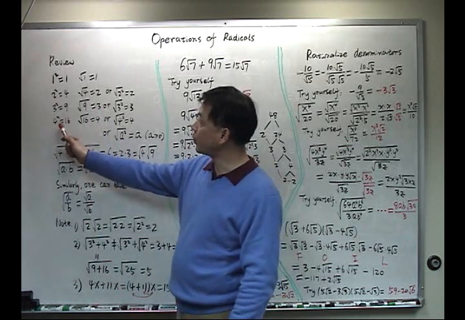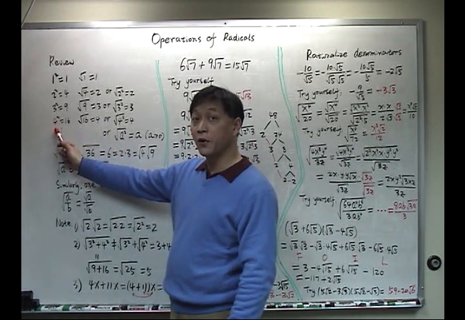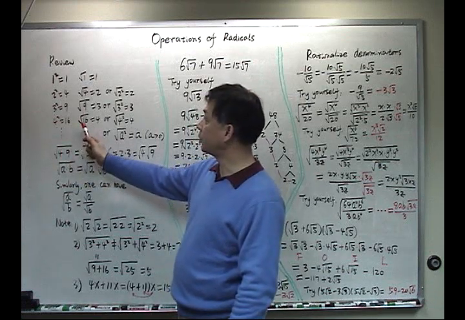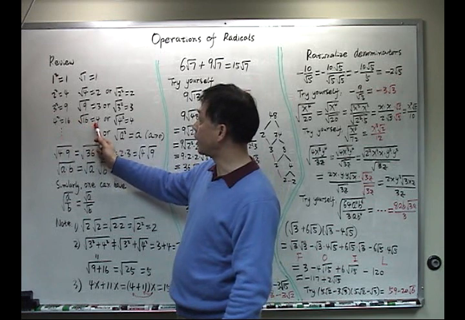And here 4 squared is 16. So from 16 to find 4, we put the radical sign above 16, and then we write 4 there.